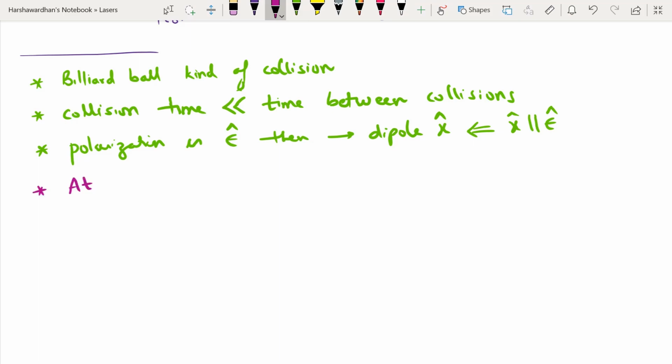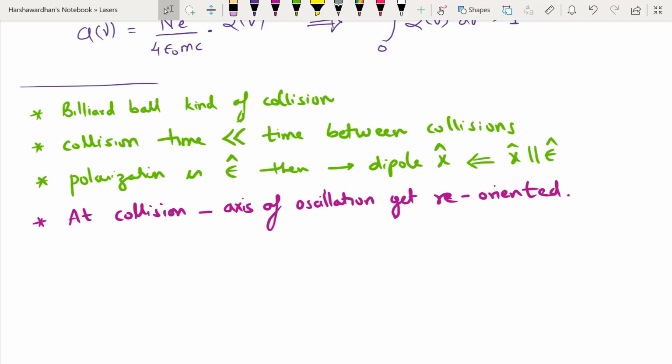So at collision, there is a reorientation of the axis of oscillation. It randomly gets reoriented. The dipole moment oscillation within the atom is interrupted by the collision, and at collision, the axis of oscillation gets reoriented. Essentially, we are trying to capture the statistics of a large number of collisions, and we are asking how we are going to deal with it mathematically and what is the consequence on the line shape.